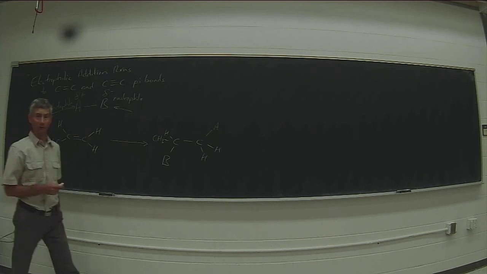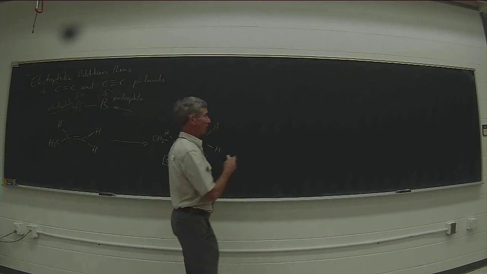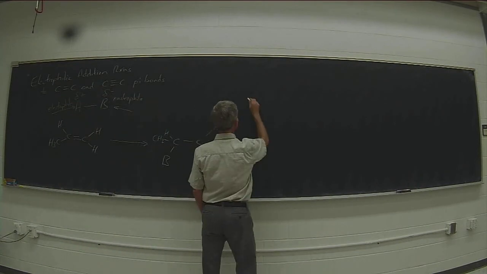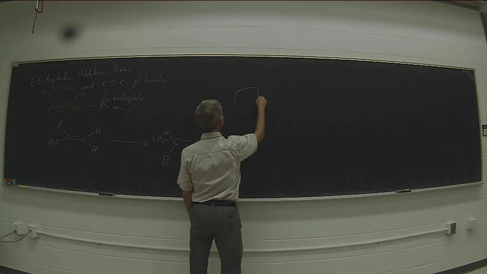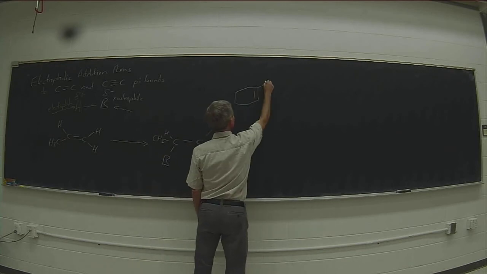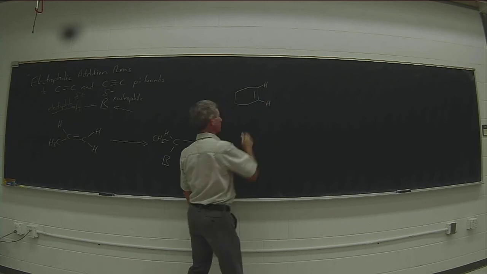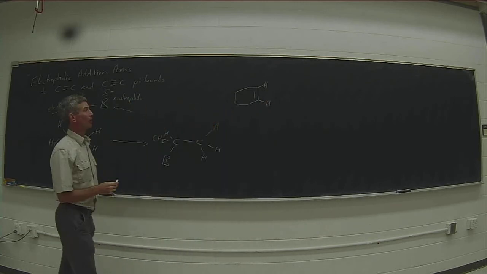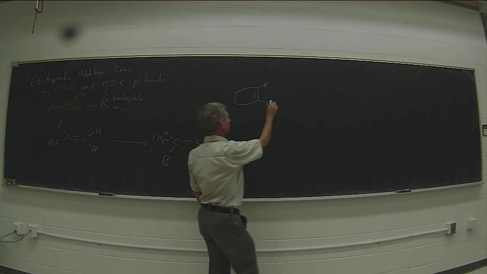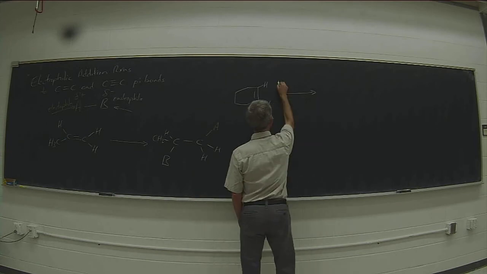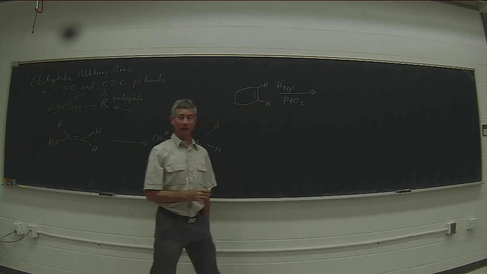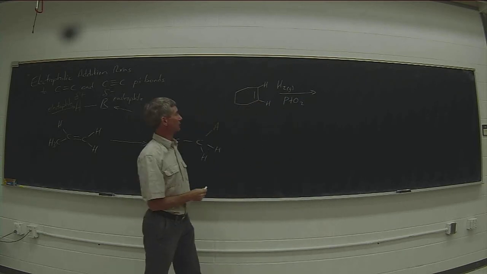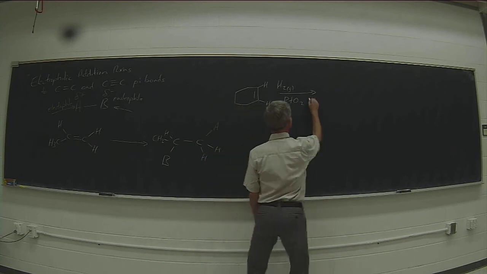Perhaps the simplest one isn't a polar pi bond at all, it's hydrogen. So we already know from previous discussion that if you have a carbon-oxygen pi bond or a carbon-carbon pi bond, it will undergo catalytic hydrogenation with H2 gas, some kind of active catalyst in the nickel, palladium, platinum triad.